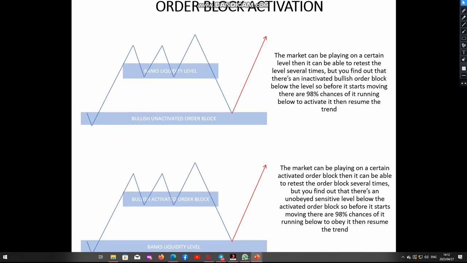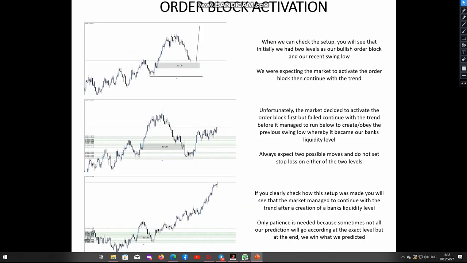If the market is on a key zone or key level, before it activates the order block, it can break below to activate the previous level. Then vice versa, if this was a level, then this was an order block. So it's a two-way traffic.